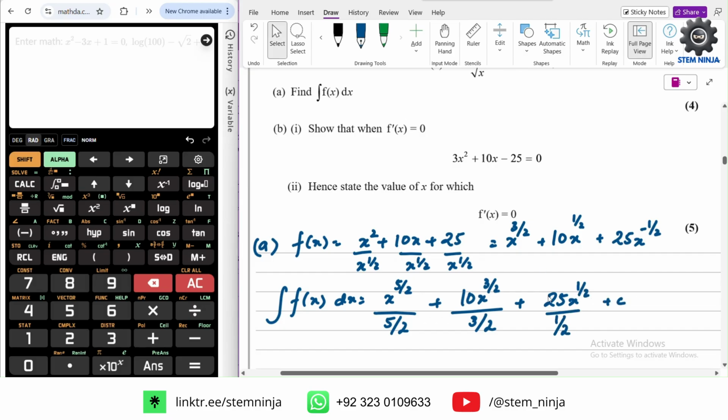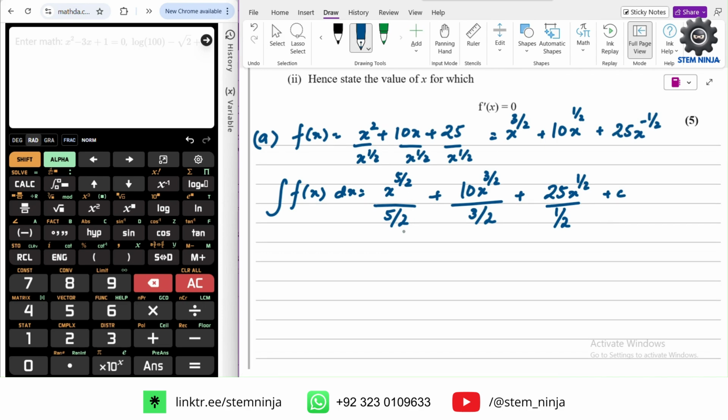Now notice that all of these have 2, so they will go in the numerators. This will become 2x to the 5 over 2 over 5, plus 20 over 3 x to the 3 over 2, plus 50x to the 1 over 2, plus c. Simple, straightforward.